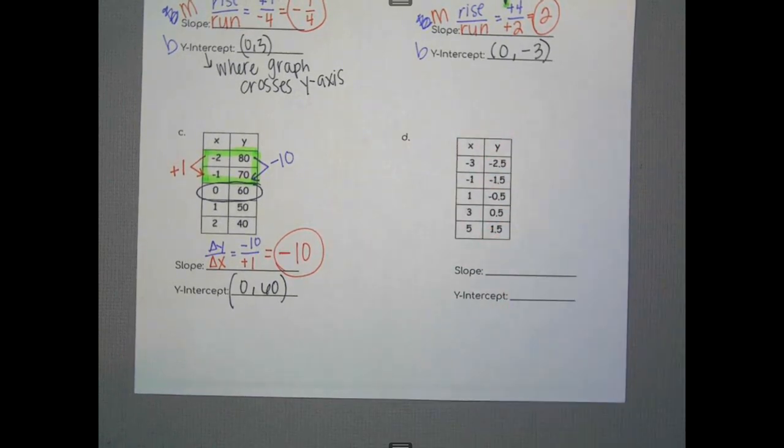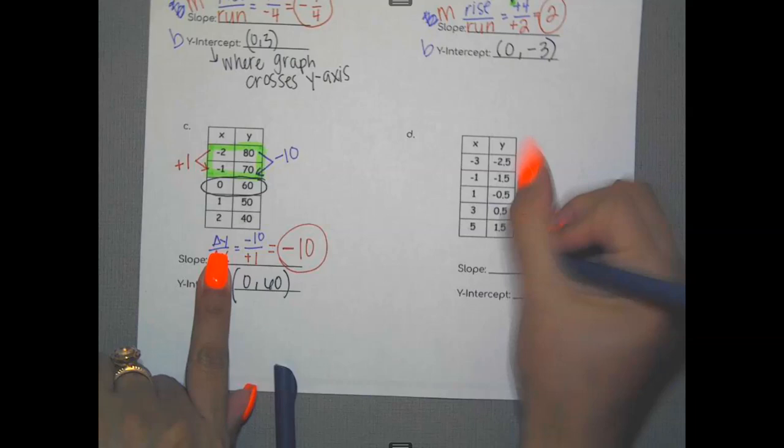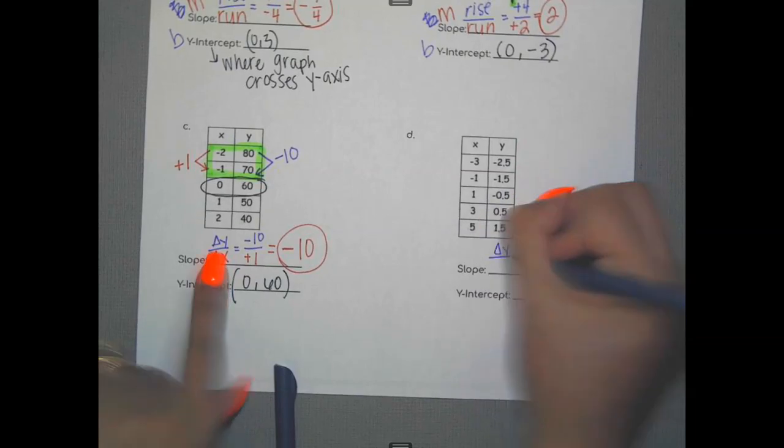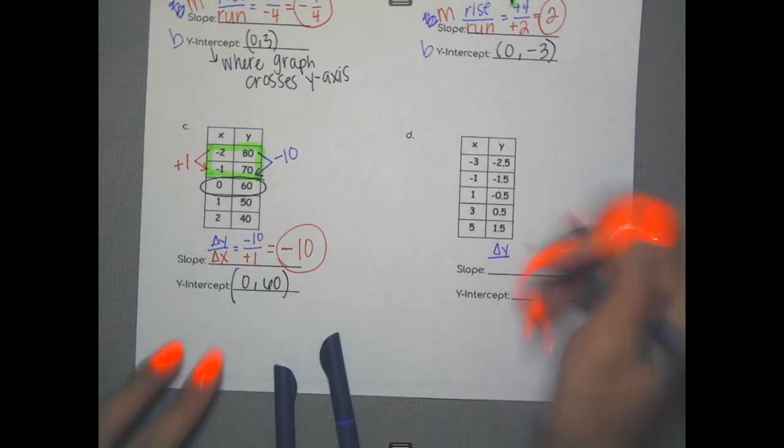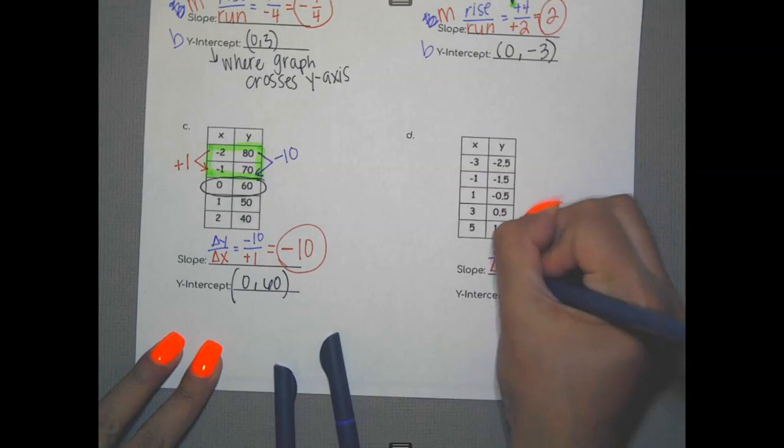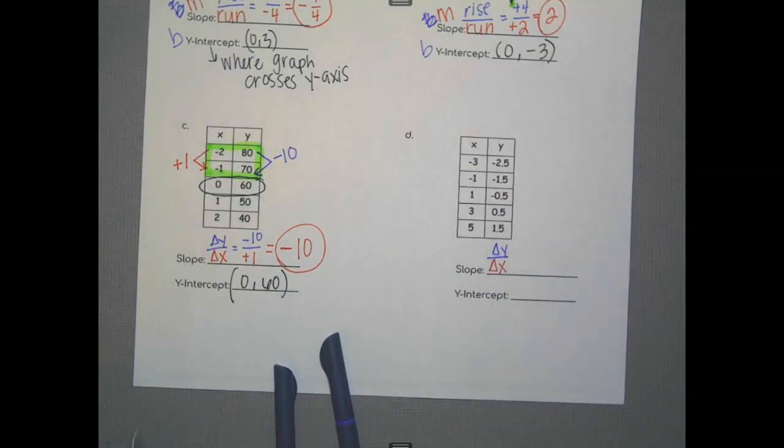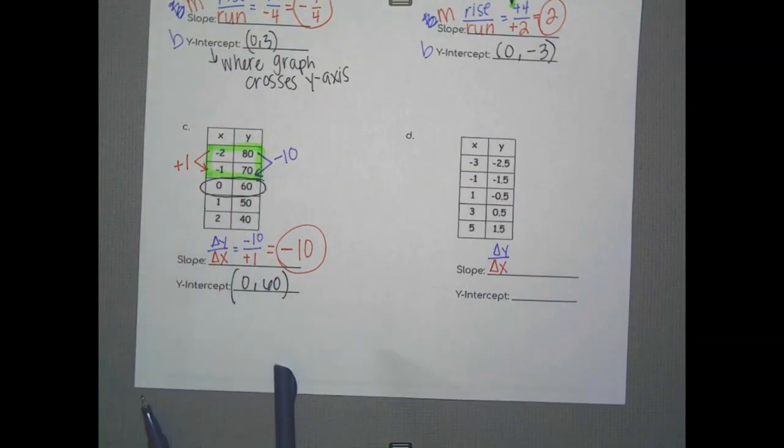So we're going to go ahead and work example D to see how to do this. Now, starting with our slope, we are going to use our same little formula, change in y over change in x. And we are going to pick 2 points, just like I picked the top 2 here. We're going to pick 2 on this table.